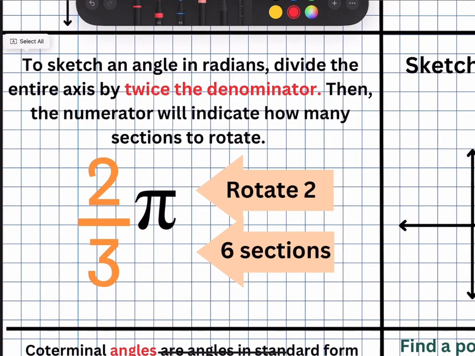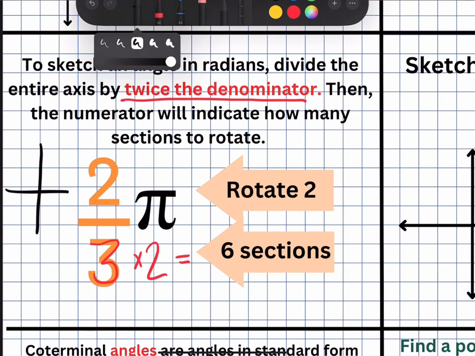So, an example, if I had 2 pi over 3, twice the denominator means I take my denominator of 3 and I multiply times 2. And that means that I'm going to divide my entire axis into 6 sections.